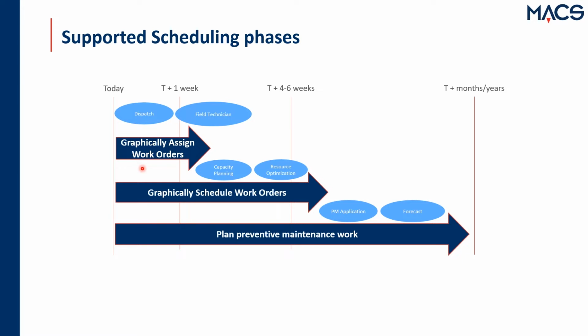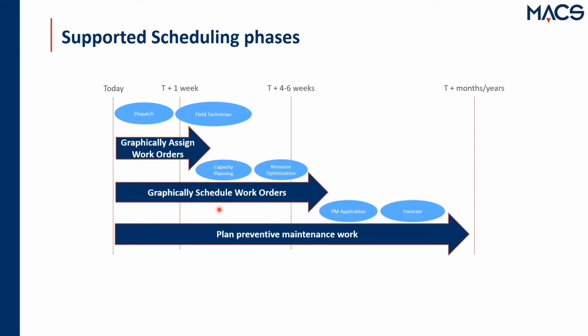Because you can see here that when you're talking about today until 1 week from now, you are basically talking about graphically assigning work, so really dispatching and looking at field technicians. When you go a little bit further, it's all about graphically scheduling work orders, capacity planning, and resource optimization.